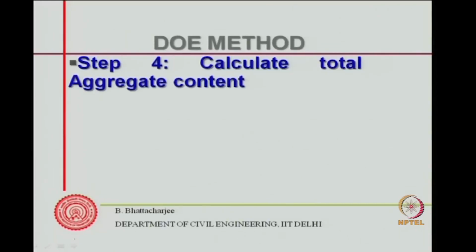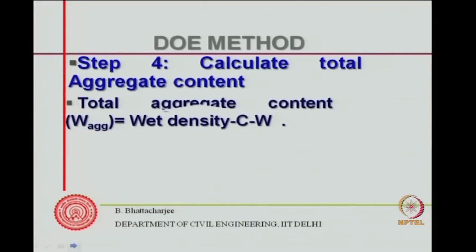Calculating the total aggregate content would be the next step. Continue with step 4. The total aggregate content, the mass of the aggregate, equals wet density minus C minus W, where C is the cement content and W is the water content.